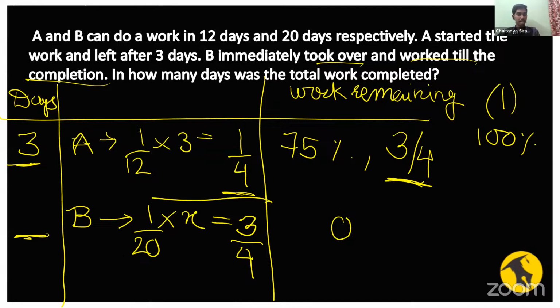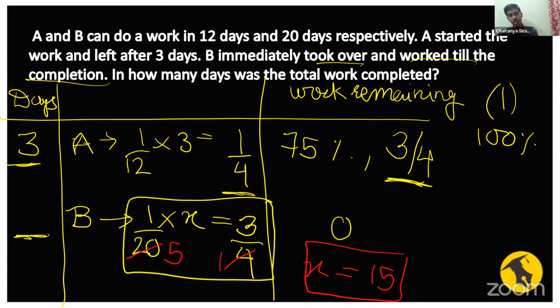So this is the equation which we are interested in. If I solve this, this will be 5, this will be 1. So I'll get my X as 15. So for the first 3 days, A finished 1/4 of the work, and in the next 15 days, B finished 3/4 of the work. Together, they completed the whole job.